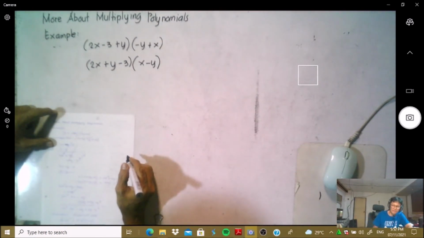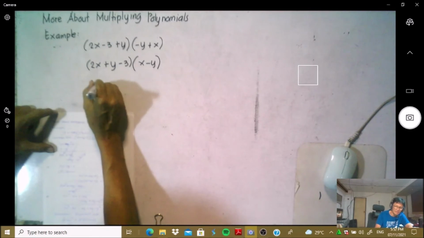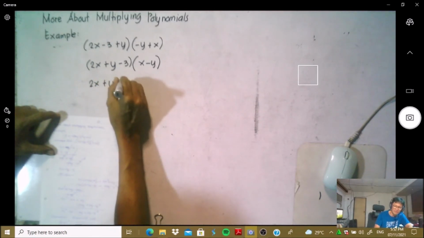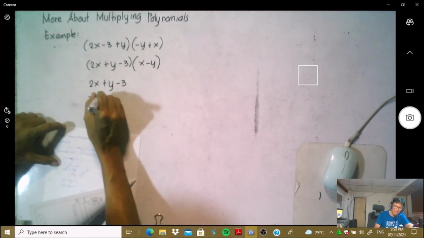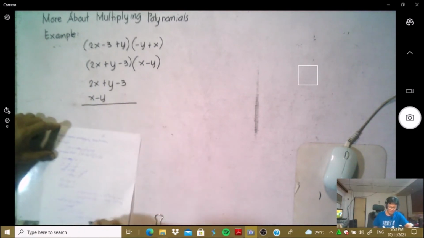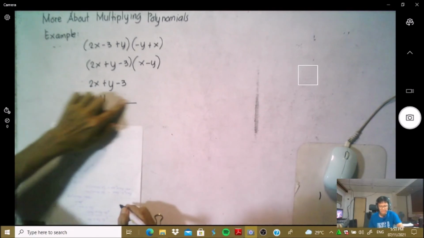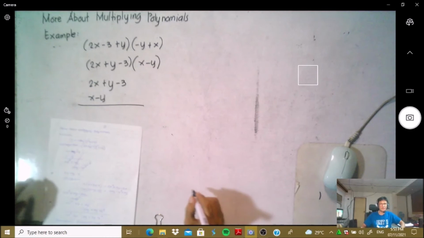Our multiplier will be the binomial. So we have 2x plus y minus 3 to be multiplied with x minus y.